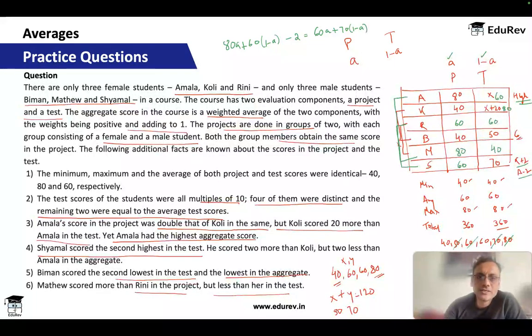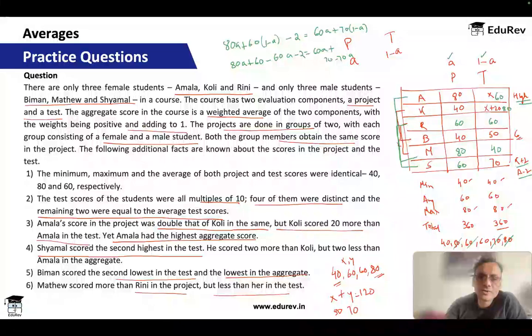So what does this give us? 80A plus 60 minus 60A minus 2 is 60A plus 70 minus 70A.